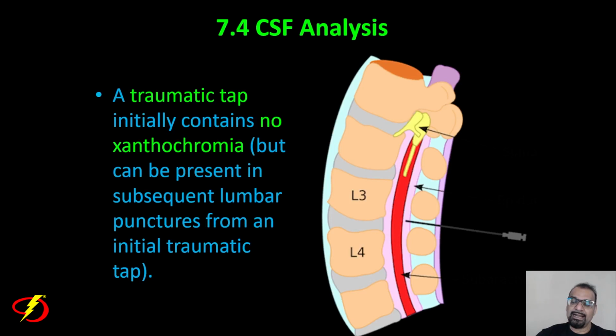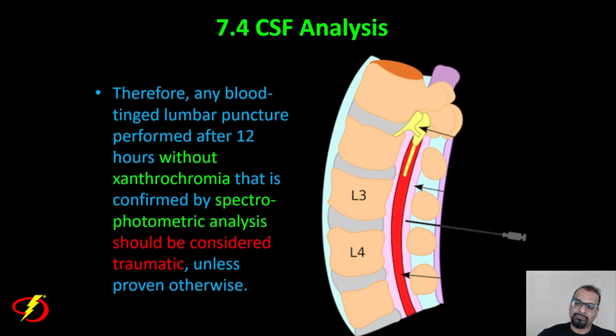A traumatic tap initially contains no xanthochromia, because remember, there are no degraded red blood cell products yet. But you can have xanthochromia from prior traumatic taps. So if a tap was traumatic a day before, those red blood cells can degrade and form xanthochromia. But typically, acute traumatic taps do not contain xanthochromia.